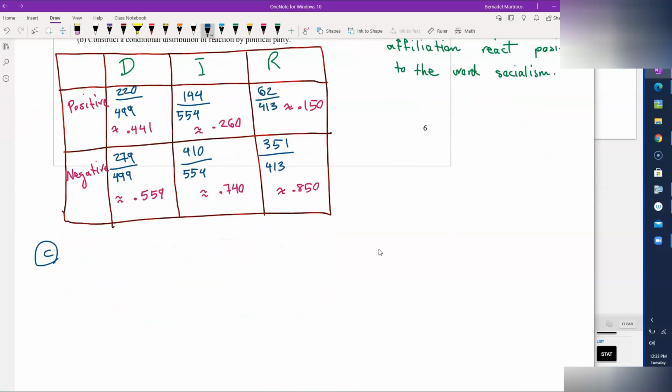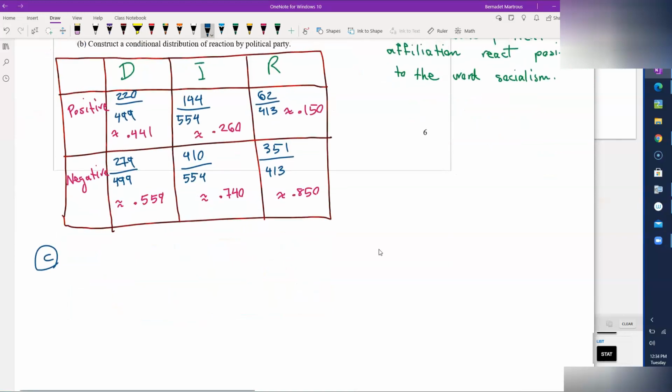Well, I don't have part C, but I want to add this one. Okay, so this is the same as what we did on example number 2.